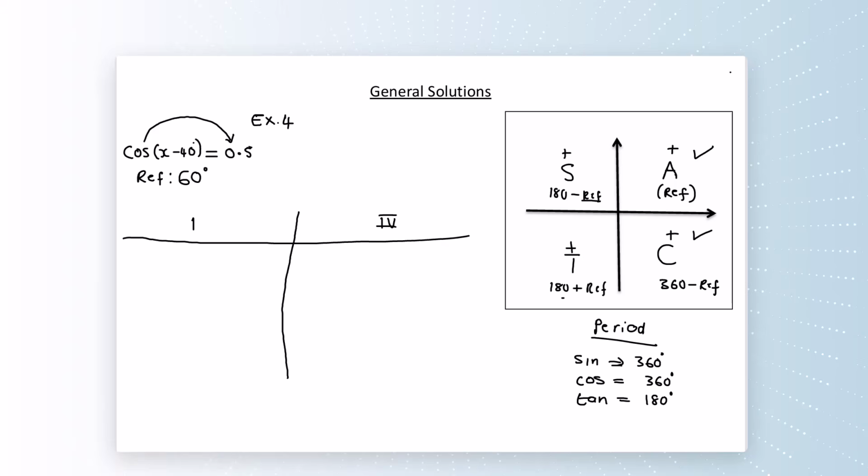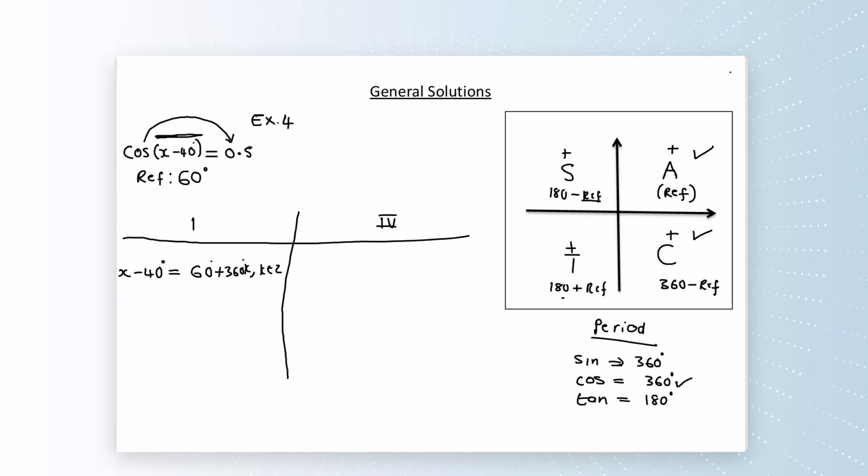Remember, the reference angle belongs to the first quadrant. So we are going to say, the whole thing in front of the cos, x minus 40 degrees equals the reference angle plus the period of cos, which is 360 degrees k. Then tell them k is an element of integers.